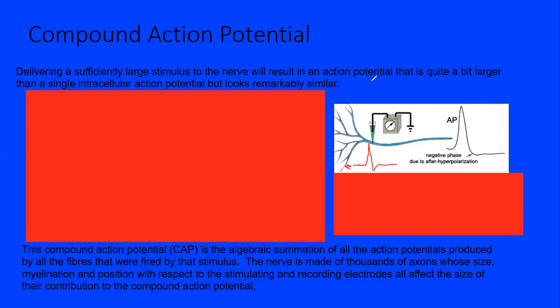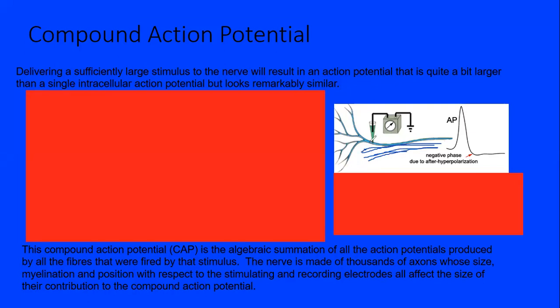Now, can you imagine when you depolarize and you have several neurons? So you have another axon here, and you have another axon here, several of them, and you depolarize.